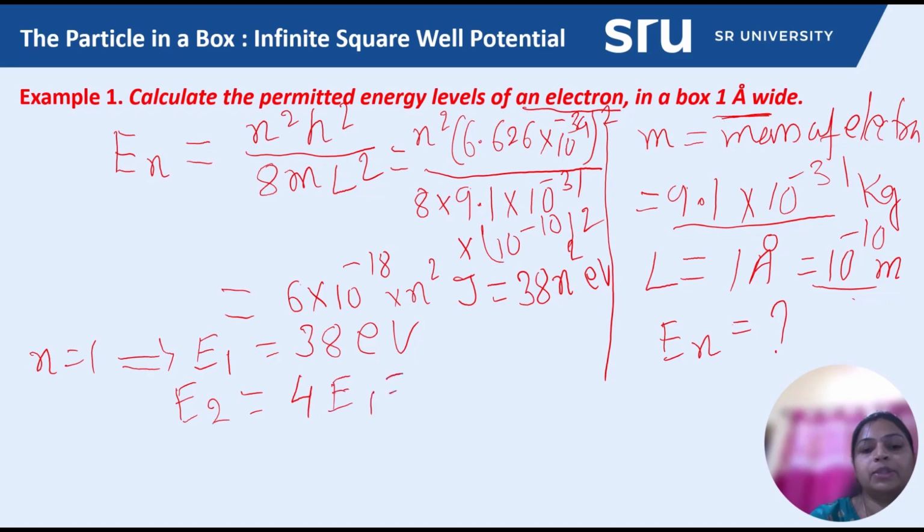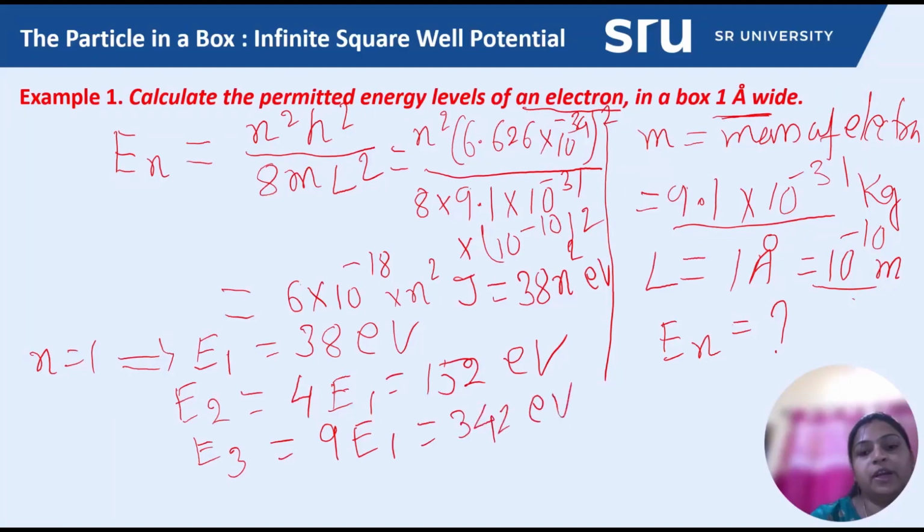So this is approximately 152 electron volt. E3, we can calculate 9 E1, that means 342 eV, and we can calculate so on, like E4, En and all this.